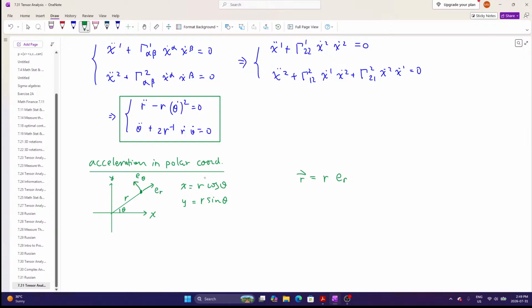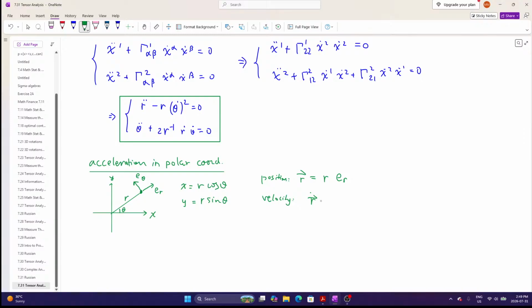Okay, so here I'm trying to interpret what is going on with the geodesic equation. This is a position vector, and then we can differentiate to get the velocity. So velocity would be r dot. As I mentioned, a key characteristic of the polar coordinate is that the unit vectors e_r and e_theta change from point to point.